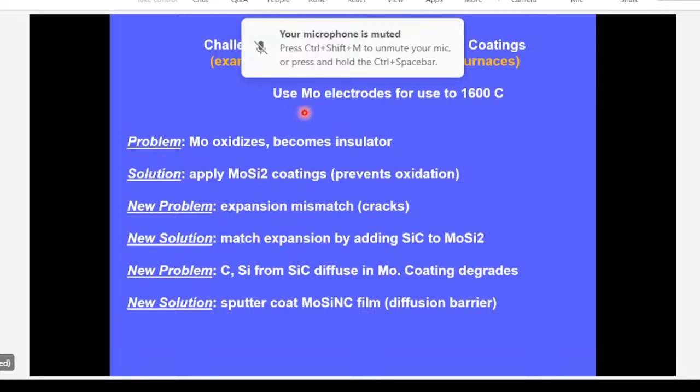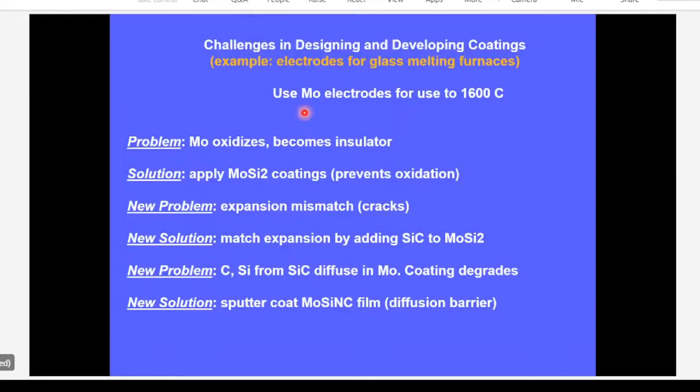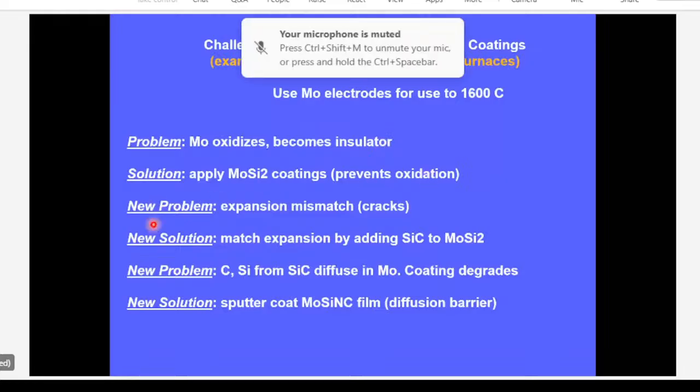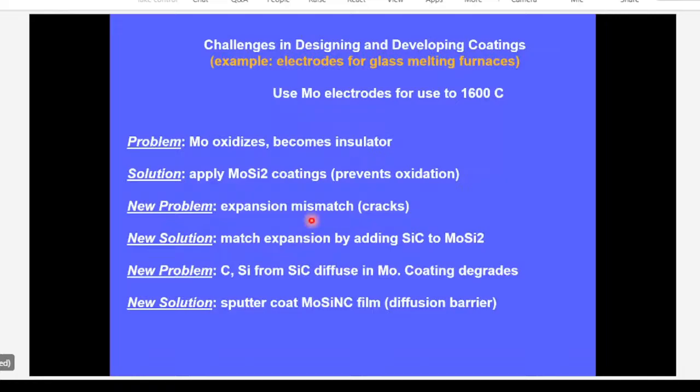So the solution was to apply a coating of molybdenum disilicide to prevent oxidation of moly. But then it caused a new problem. Expansion between the coating and the substrate caused cracks. Mismatch between the expansion caused cracks. So the new solution was to match the expansion by adding silicon carbide to the coating material.